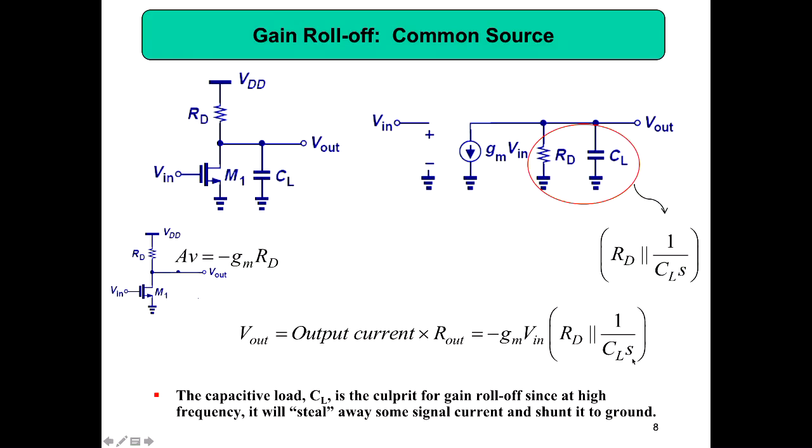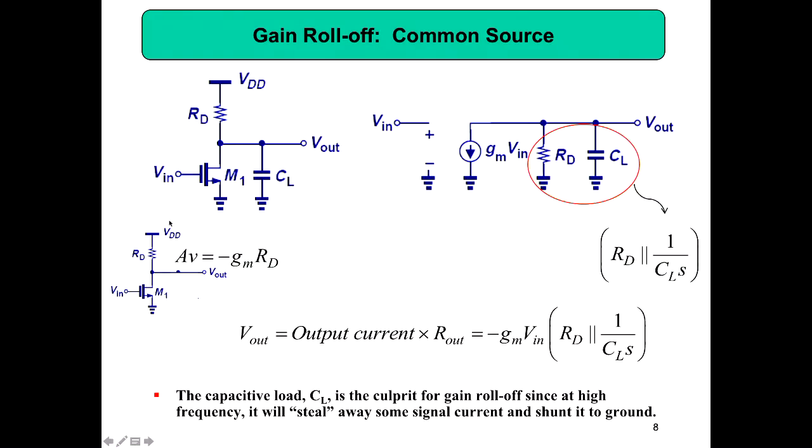So the capacitive load CL is the culprit for gain roll-off, since at high frequency it will steal away some signal current and shunt it to the ground. In this expression, gain equals minus GM into RD.